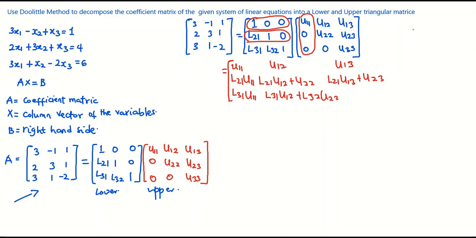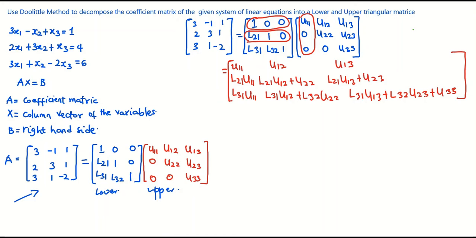Then lastly, we are going to have L31 multiplying u13, plus L32 multiplying u23, and then plus 1 multiplying u33, so that will be plus u33. So this is what you are going to get after doing the product.